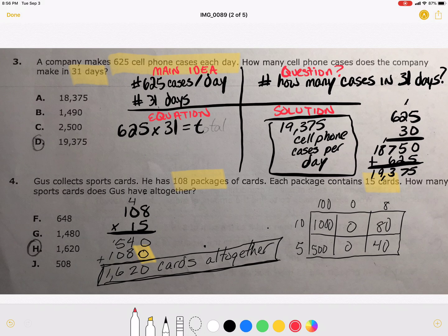So that's 1,080. And that's 540. Zero, 8 plus 4 is 12. 6, 1,620. Same answer. We double checked ourselves. Everything looks great.